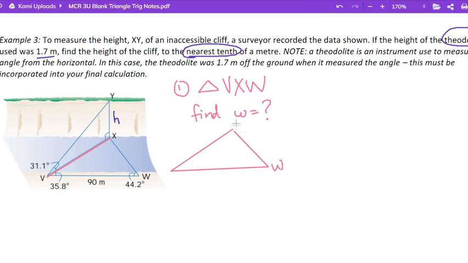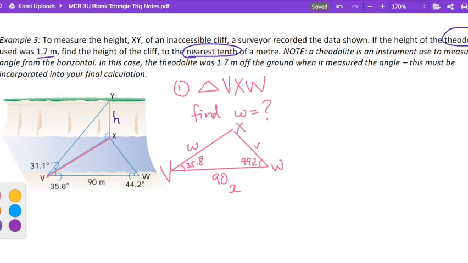So this is W, X, V. This is little v. This is 90, which is little x. This is W. Okay, I know this is 35.8, and I know this is 44.2.